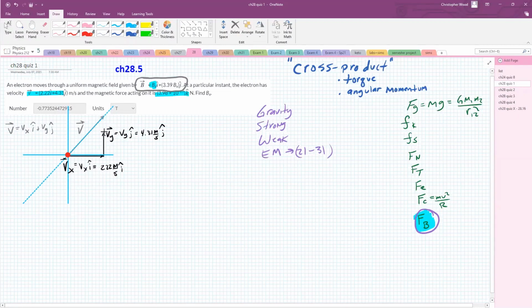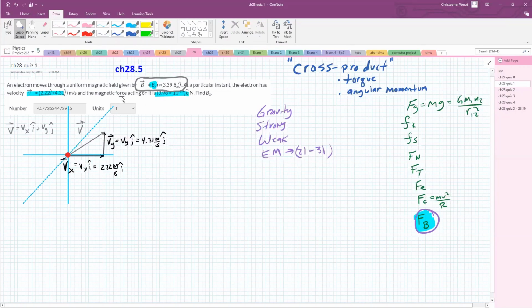So not to scale, but I'm just altering it because I want this vector to be not where it is. Okay. So there's my electron. Those are my unit vector components. Dealing with unit vectors is so much easier than dealing with vectors that aren't in unit vector form.